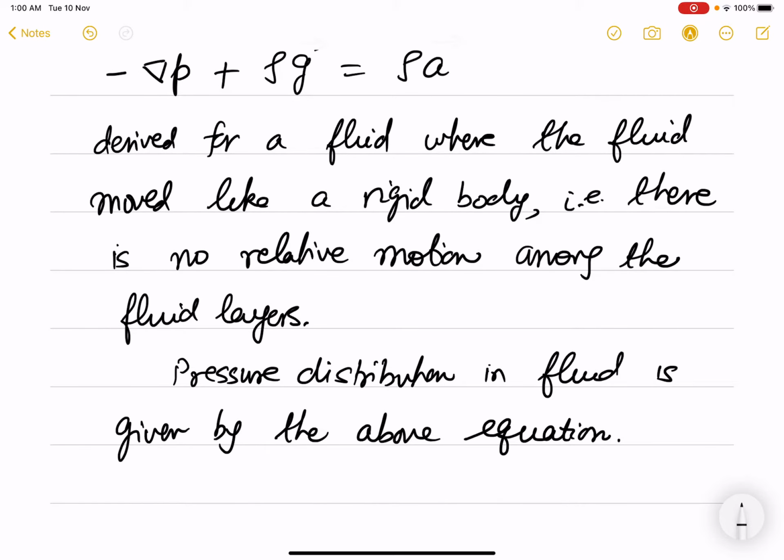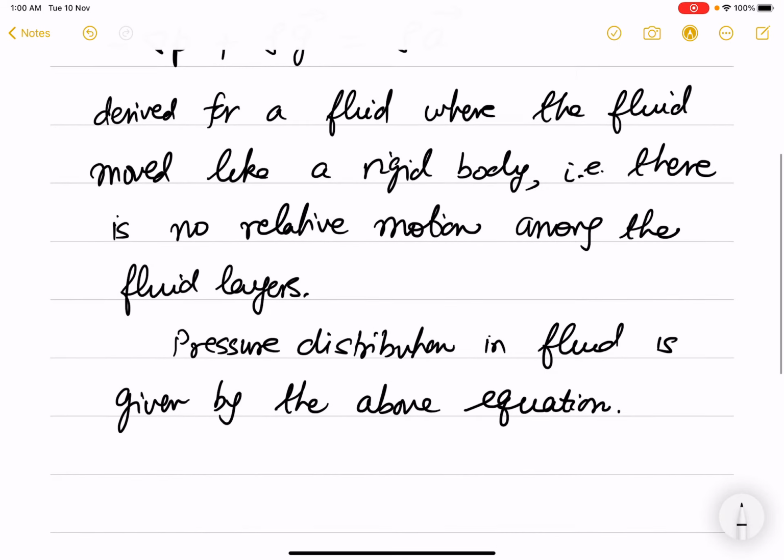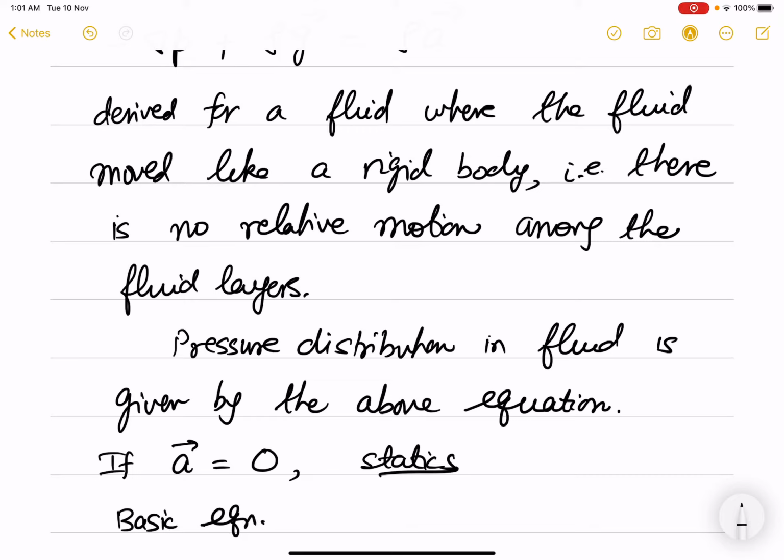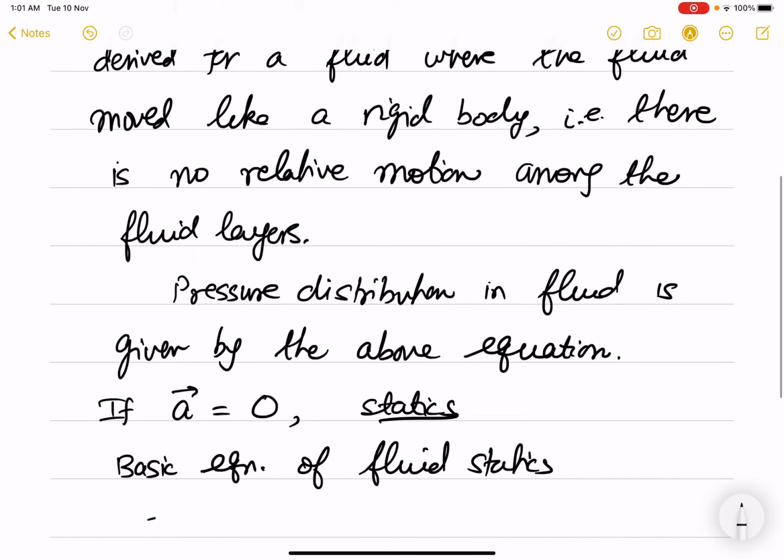Now, in this equation, first of all, if acceleration is equal to 0, then we get a situation that we call statics, and we get the basic equation of fluid statics, which is minus grad P plus rho G is equal to 0.